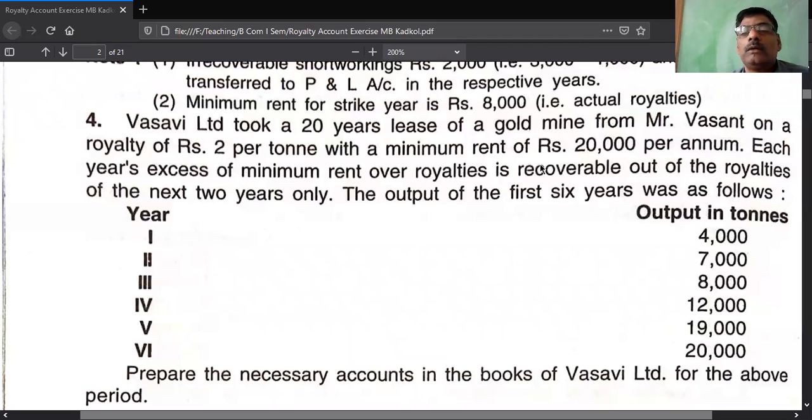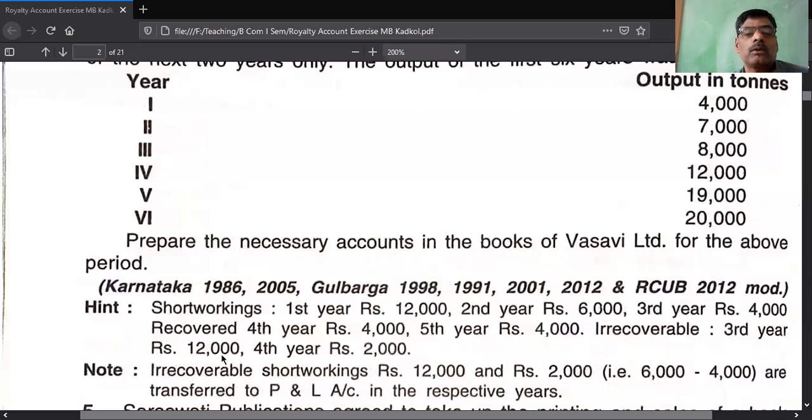Each year excess of minimum rent over royalty is recoverable out of royalties of the next 2 years. Here also 2 years. Clear? So rate is 2 rupees. Then minimum rent 20,000. Short working recovered in the next 2 years. You take that and solve this problem.